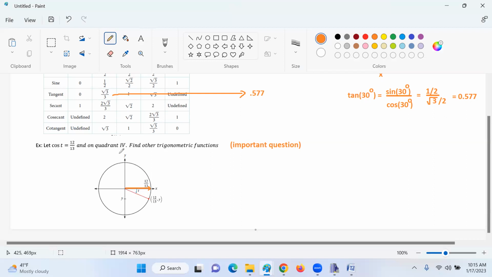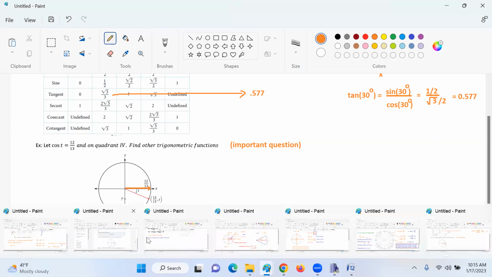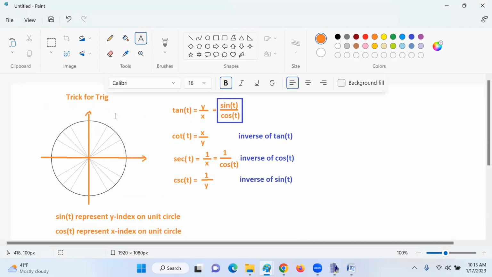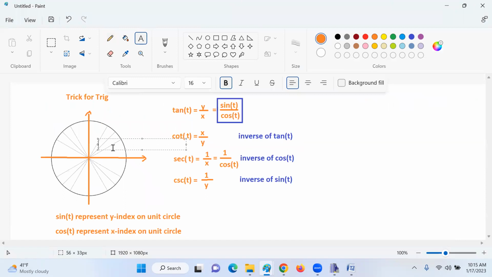So it might not be easy using this thing. This is where we're going to go to the trick for trigonometry, meaning that all of them are positive.